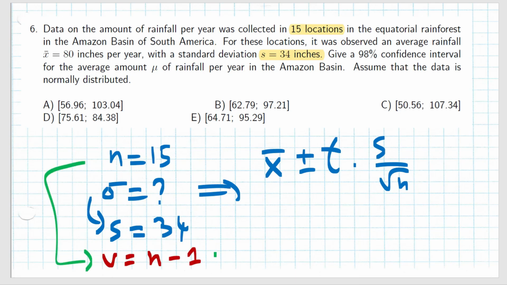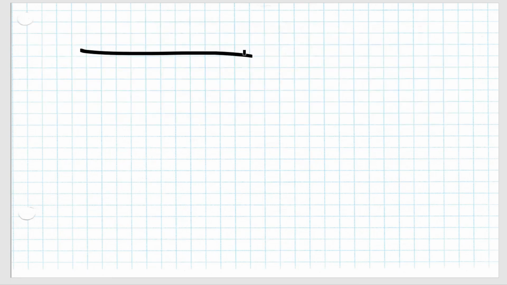You know, v in the table. n minus 1, so 15 minus 1, which is 14. Perfect. So if you take alpha equals 0.02, you divide by 2, it's 0.01, correct? So in the t-table, we want to look at 14 degrees of freedom and 0.01.